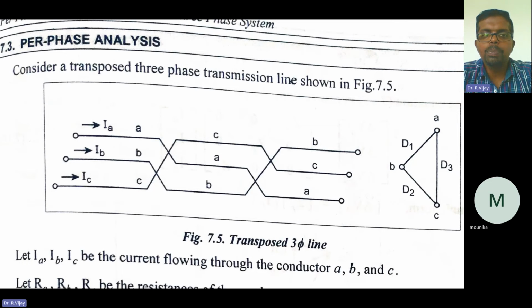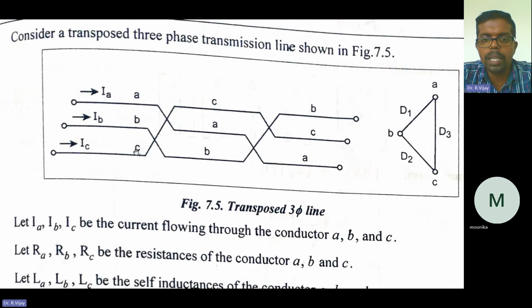Okay, so that is called transposed. For some distance it is going in one phase, again it is going for one phase and one distance of A. Again it is going to this particular A, and here again it is going down to this particular A. Similarly, IB, starting with B phase, it is having the current IB for a certain distance B. Again it is going to this particular portion for some time, and again it is moving to this phase.